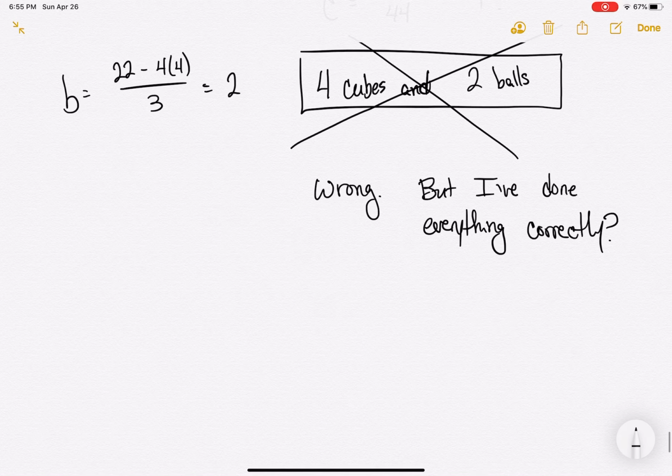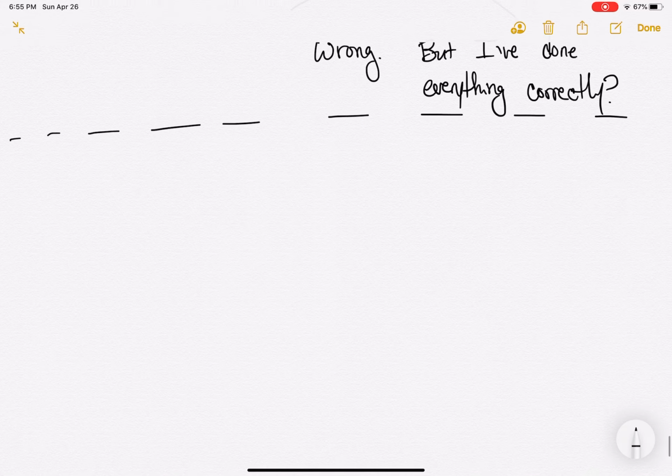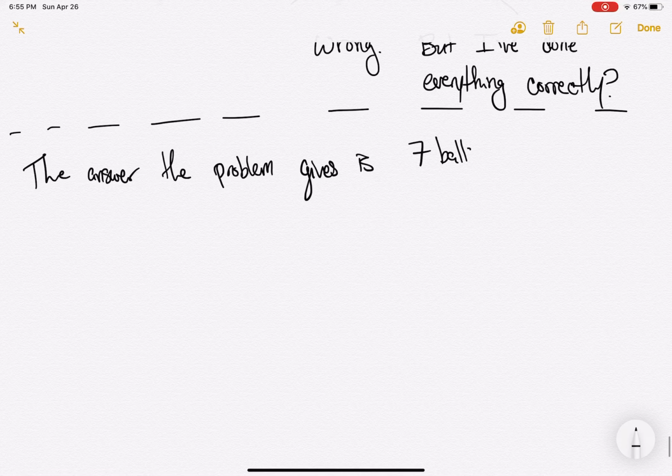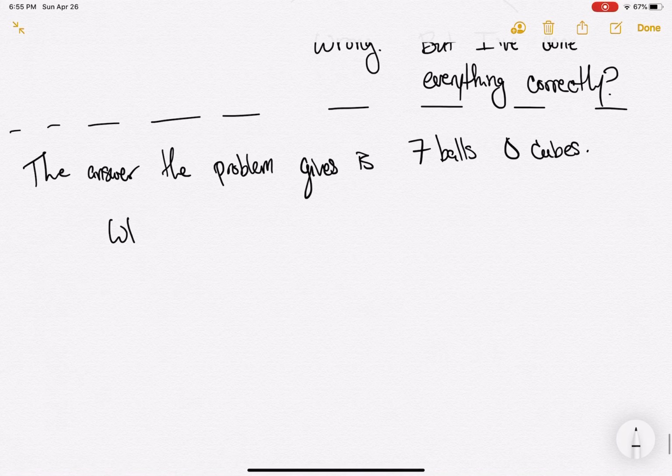Let's look at the answer the problem gives. Seven balls, 0 cubes. Why does this maximize h?